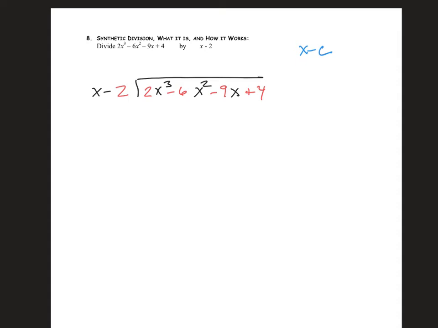Okay, again, first things first, I say what times x gets me 2x cubed, because that's what I want to eliminate first. Well, that's going to be 2x squared. So that 2 up there is important, x squared. Okay, and then I am going to subtract.